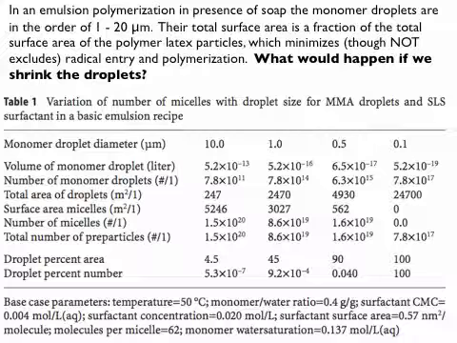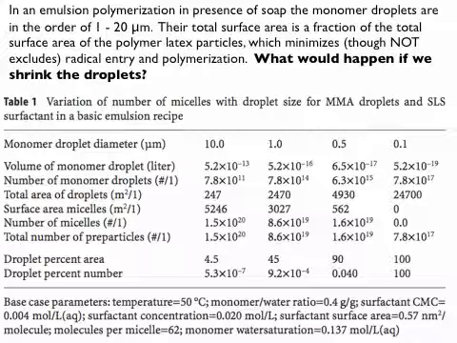As a result of that, I've taken a table from a review by Schork, and it illustrates it really nicely. It has base parameters: the temperature is fixed, the monomer to water ratio is given, the surfactant CMC is known, the concentration of the surfactant is given, the surfactant surface area is known, the number of molecules per micelle is known, and the monomer water saturation concentration is known.